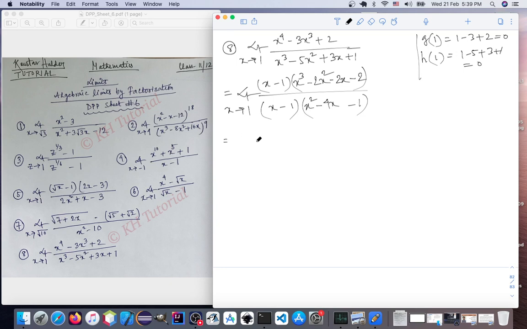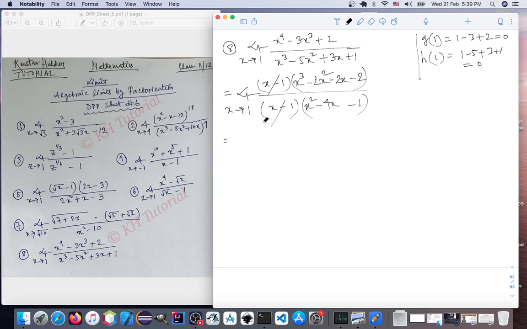Now this factor will not cause any problem if we put x equals 1, and this will also cause no problem. This will not be 0 and this will not be 0. So from here we can cancel out x minus 1, since x minus 1 is not equal to 0 because x is tending to 1, it is not exactly 1.